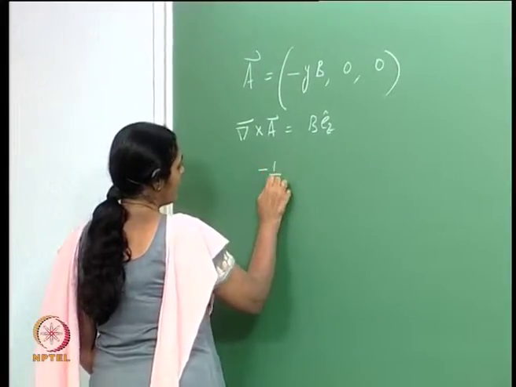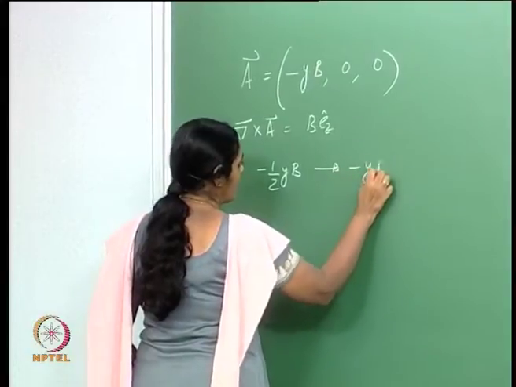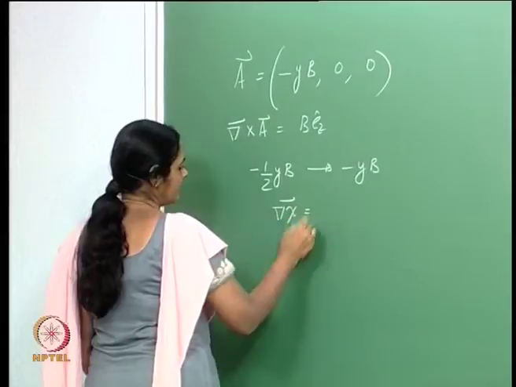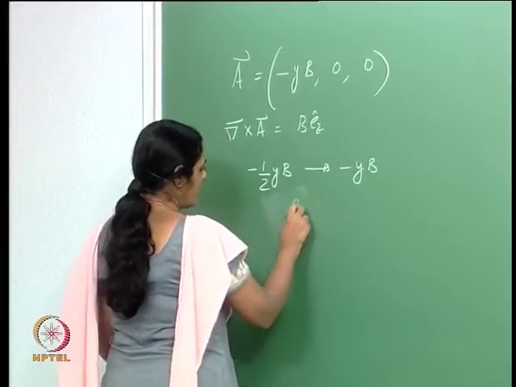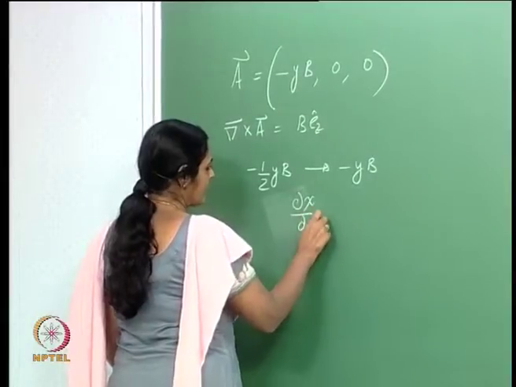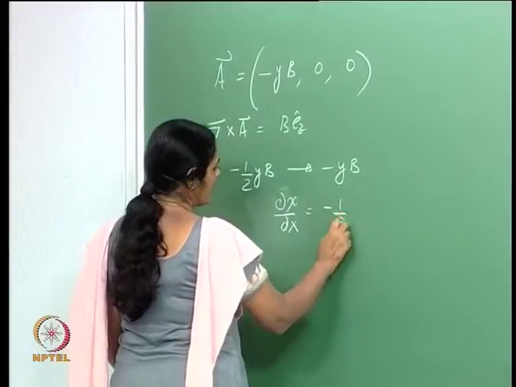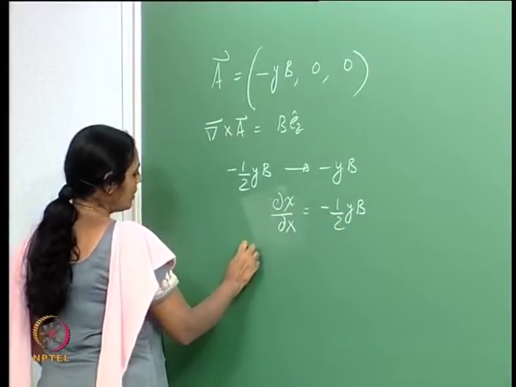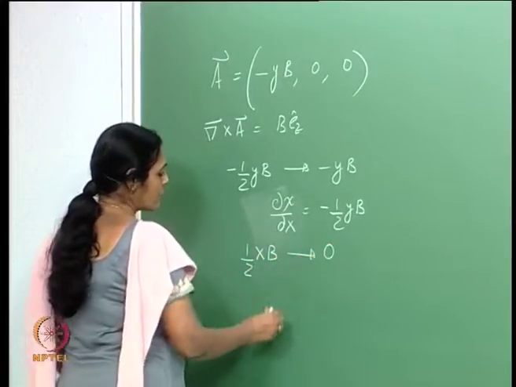As you can see, originally A was minus half yb, and that has gone to minus yb, and therefore grad chi, the x component, would be delta chi by delta x. Delta chi by delta x is minus half yb. Similarly, half xb, that was Ay, went to 0.